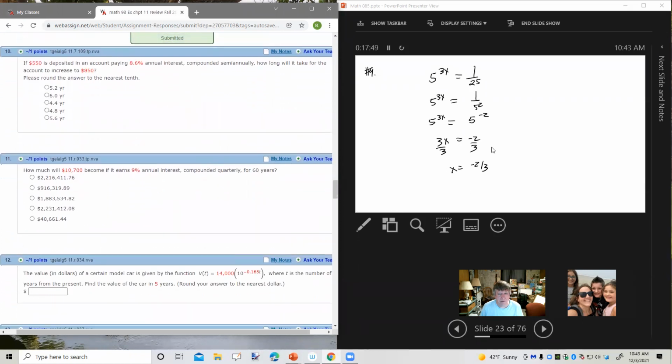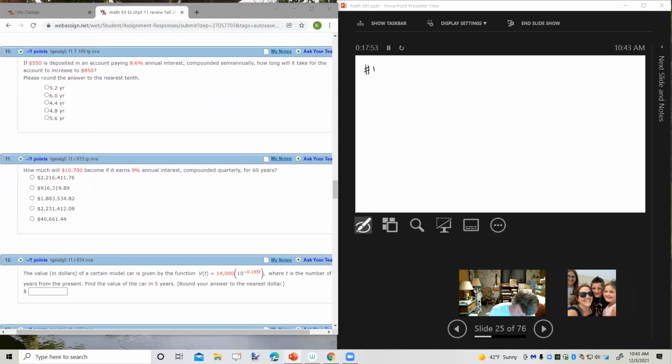Okay, let's take a look at number 10. Again, if you need me to slow down or go into more detail about something, please let me know. $550 is deposited in an account paying 8.6% annual interest, compounded semi-annually. Aha, so we're going to use this formula because it's not continuously.